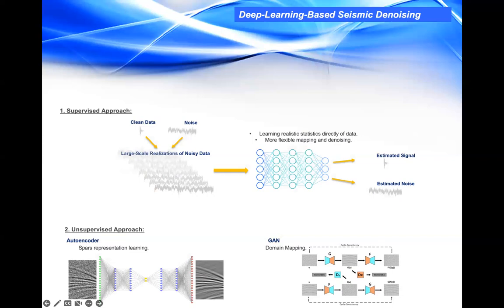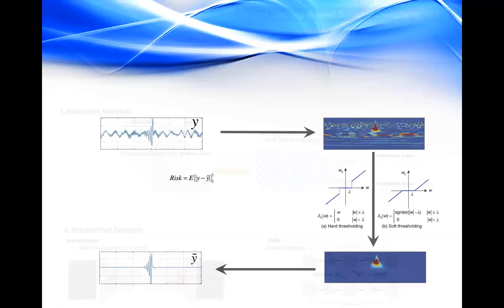A more effective unsupervised approach that would work also for incoherent noises as well is to use generative adversarial networks, although still some examples of clean and noisy sample data would be required in this approach. They do not need to be paired. So this approach basically learns the domain mapping rather than learning the relationship between pairs of signals.